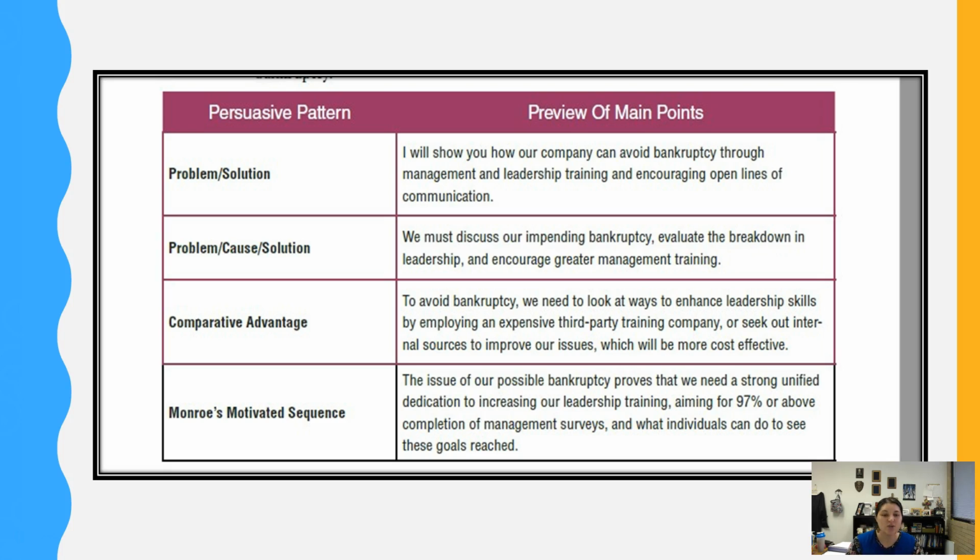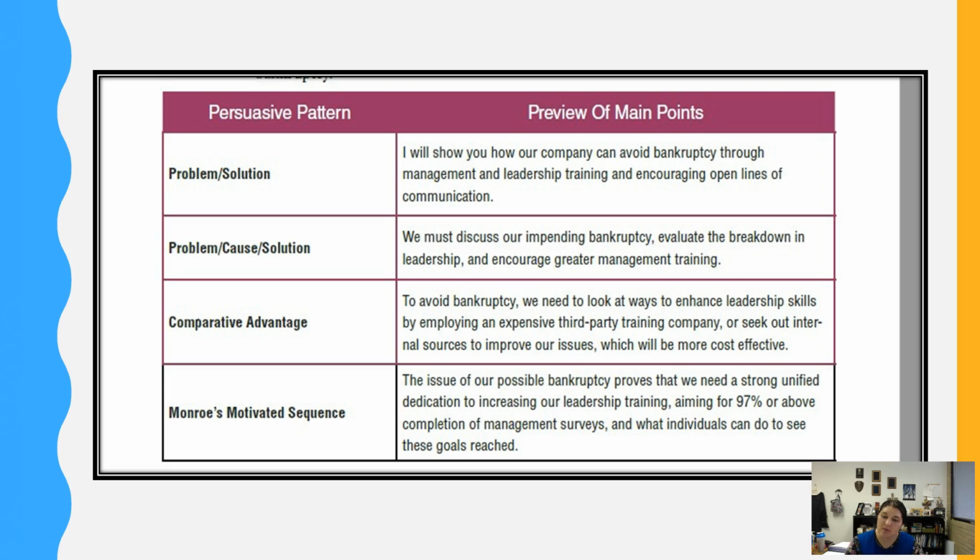Comparative advantage, to avoid bankruptcy, we need to look at ways to enhance leadership skills by employing an expensive third-party training company or seek out internal sources to improve our issues, which would be more cost-effective. And then finally, Monroe's Motivated Sequence, your preview of main points would sound like this.